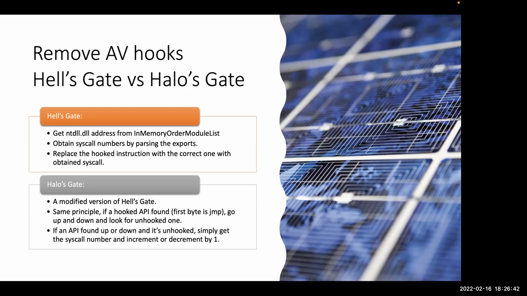Once it finds a hook instruction, like a jump instruction, it will go up or down until it finds an unhooked API. Since the syscall numbers increment by 1, so they are in order, once it finds an unhooked one, it will go down incrementing by 1 and replace this hooked instruction. Same concept: if it goes down and finds an unhooked one, it will decrement by 1 to go up.